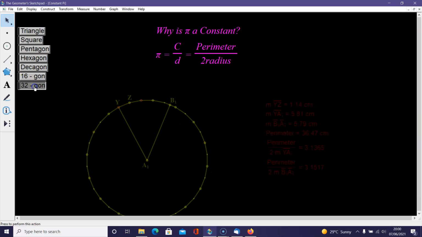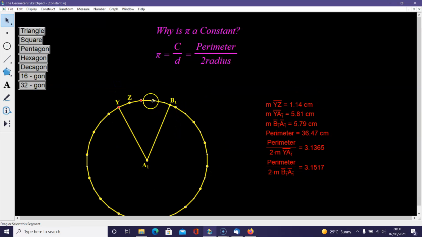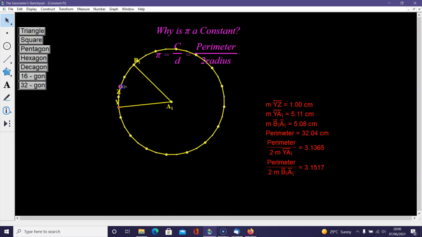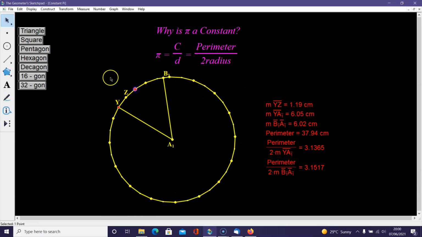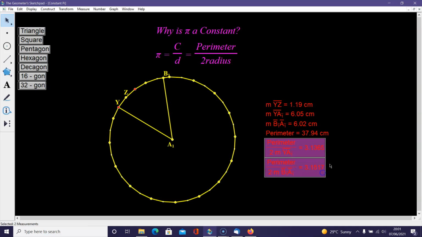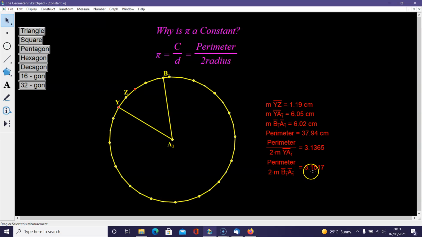And if you go to a 32-sided figure, and let me adjust this, a 32-sided figure, if you take a look at that, if you back away from the screen just a little bit, you're going to notice that looks an awful lot like a circle. And notice what your two ratios are. 3.1, almost 4, 3.15. So you are really starting to narrow down on what is the value of pi for a circle as your object gets very close to being circular.